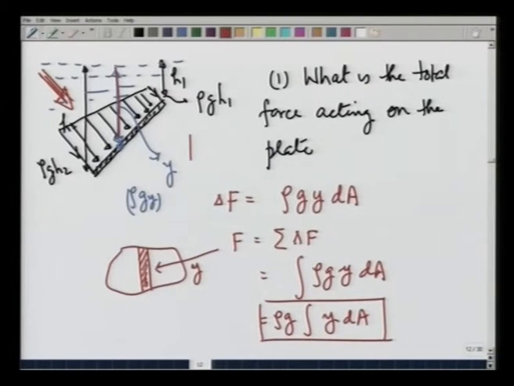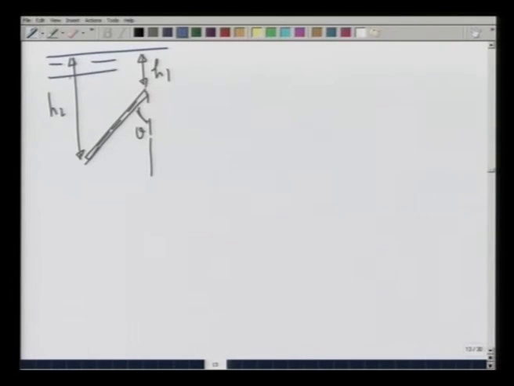What about the average pressure? To calculate average pressure, let me again make this picture. This is at depth h1, depth h2 at an angle theta. This is the water line, and this is the plate.